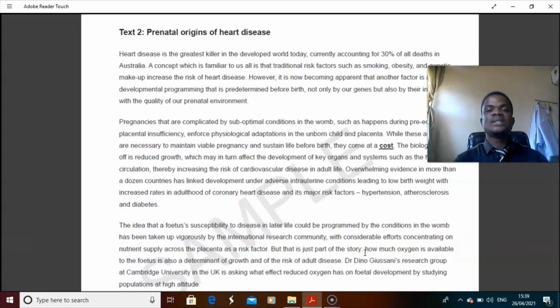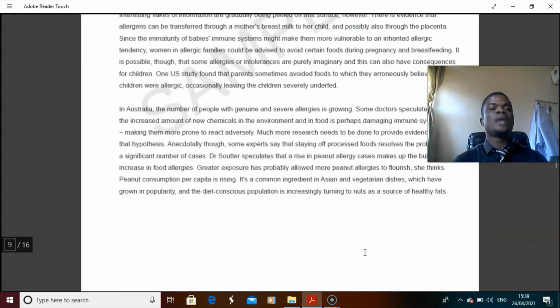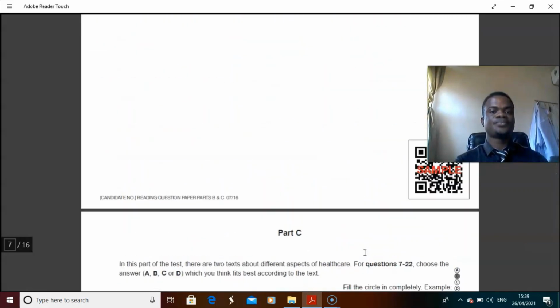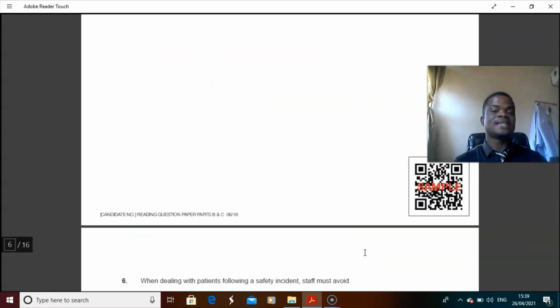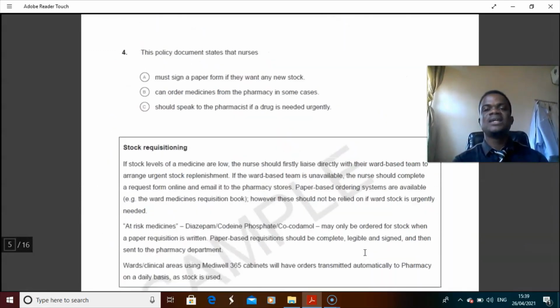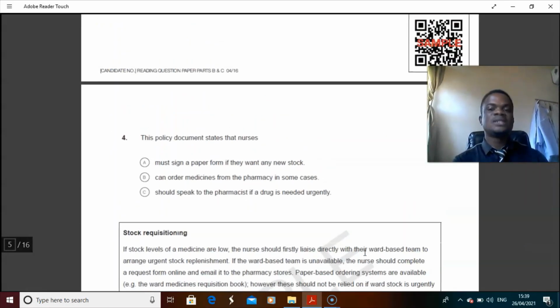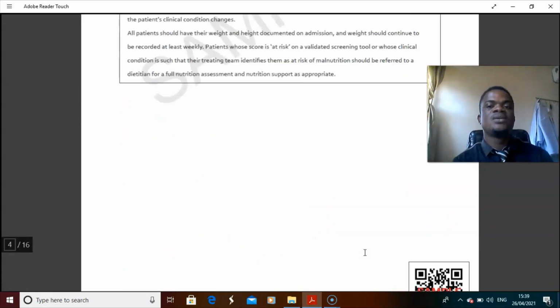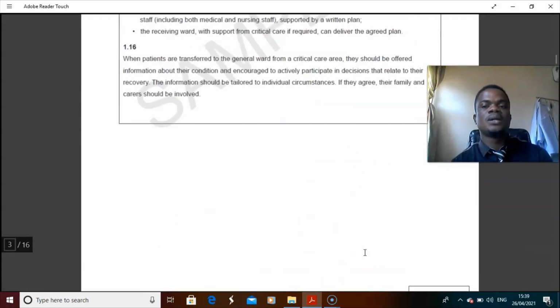Now, when you are done with part C, that's when you can come to part B. That's what I advise, especially if you are a slow reader, you are not too fast in reading, you follow this method. After part C, you come to part B. But if you are pretty fast in reading, nothing stops you from starting from part B and picking your answer.